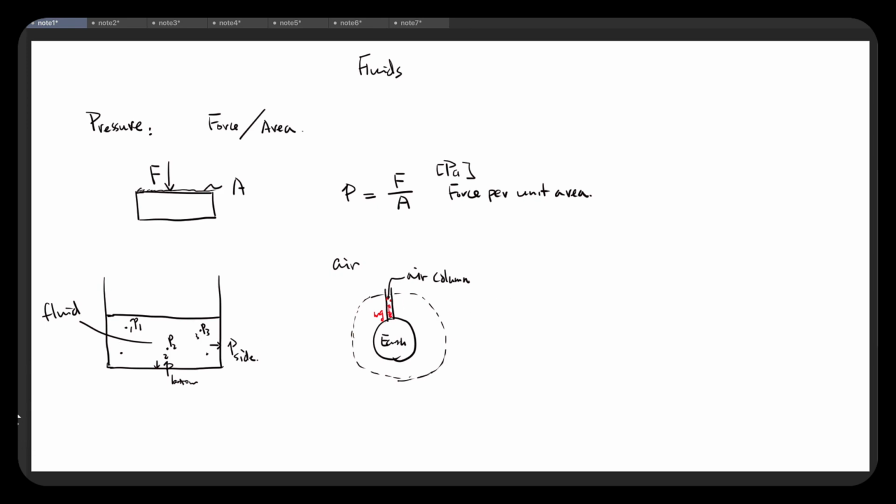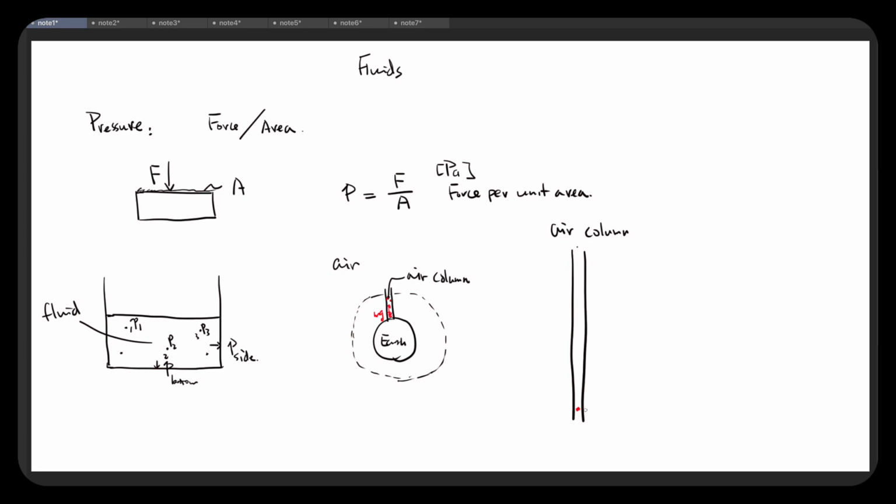And the lower the altitude for the air column, so let's draw the air column diagram, the lower the altitude, let's say we're thinking about air particles here, they experience more pressure or more weight from all the air above this point.